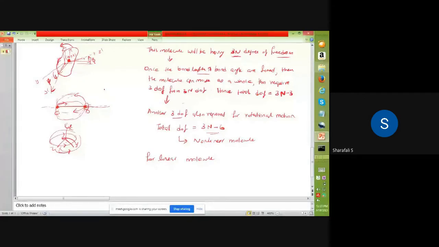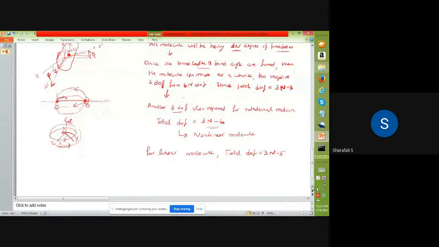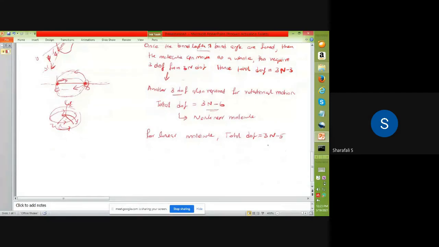Because of that, the effect of a third rotation is not there. We have only 2 rotations which affect the energy of the system. So for a linear molecule, the total degrees of freedom will be equal to 3n minus 5, because 2 degrees of freedom are associated with the rotational motion and 3 degrees of freedom are associated with the translation. So for a linear molecule, the degrees of freedom will be 3n minus 5.